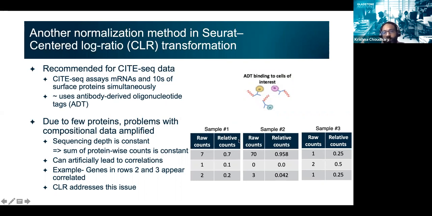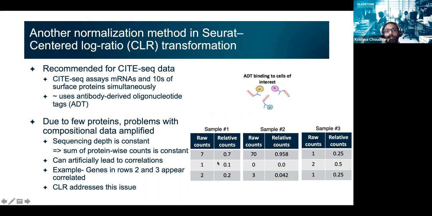which we can understand hopefully with these three tables that I have in illustration at the bottom. So let's say there are three proteins which you are looking at using the CITE-seq assay. The three proteins, maybe their expression levels or their abundance on the surface may be varying independently.